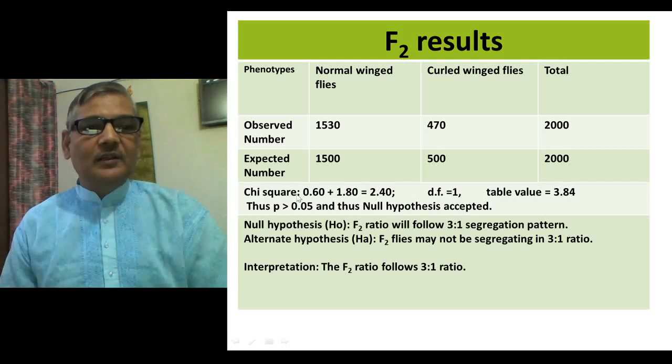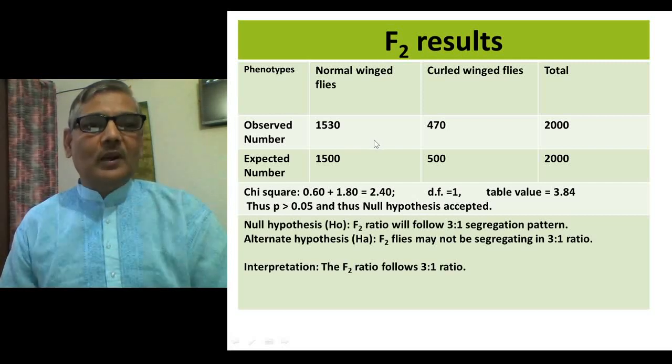Here I have not written the formula of chi-square, but the formula is summation of observed minus expected, whole squared, divided by expected. With the help of this formula, you can find out the chi-square value for the normal winged class as well as for the curled winged class. What you will do is 1530 minus 1500, so the difference will be 30.